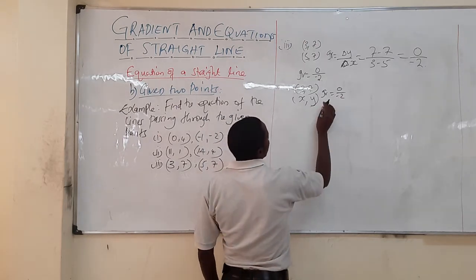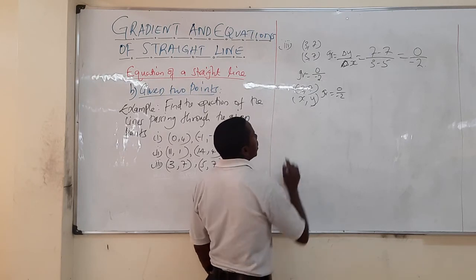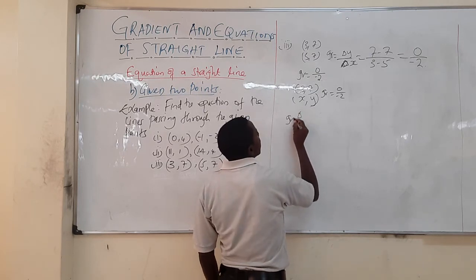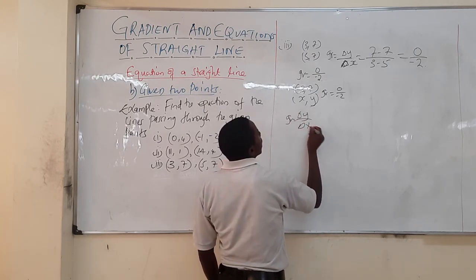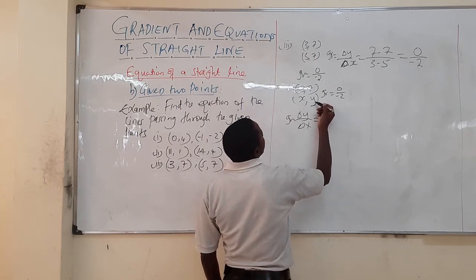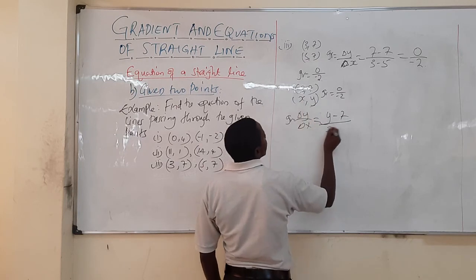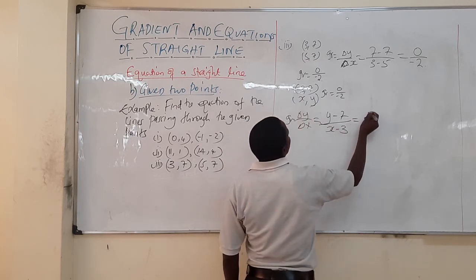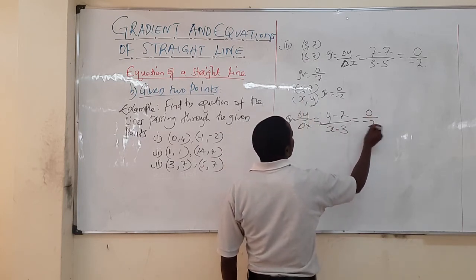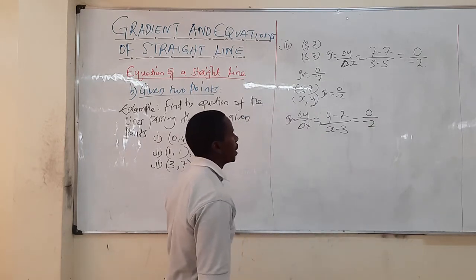Use the equation, the gradient of a line which is given by change in y over change in x, then get y minus 7 divided by x minus 3 should give us our gradient, which is equal to 0 divided by minus 2.